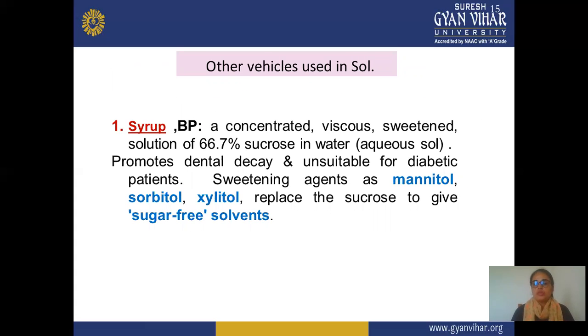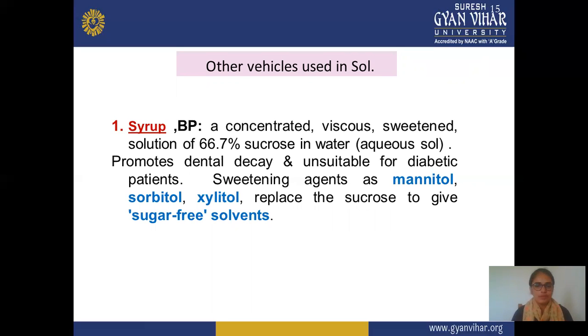Other vehicles used in solution. Other than water, other liquid type excipients or vehicles are also used in your liquid dosage form. First of these other vehicles is syrup. According to the British Pharmacopoeia, syrup is a concentrated viscous sweetened solution of 66.7% sucrose in water, or an aqueous solution.